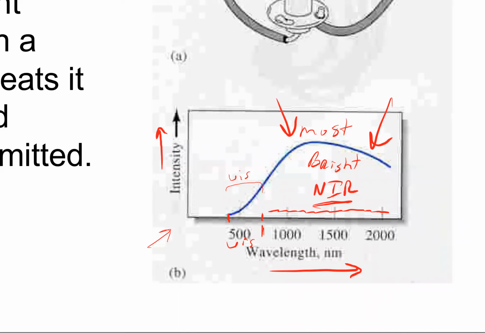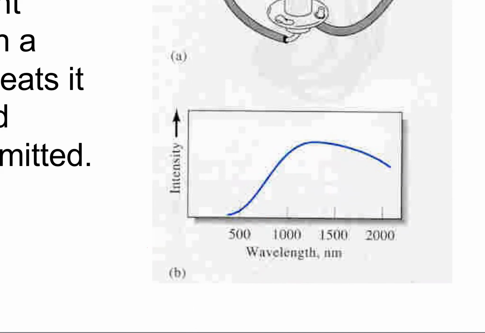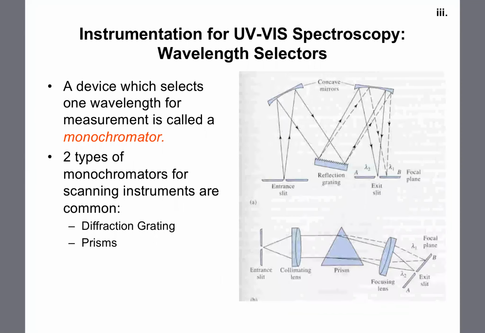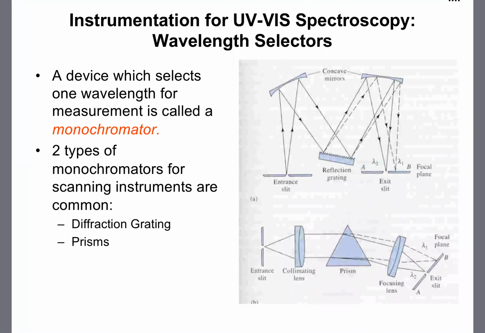If we put our hand up to the bulb and it feels warm, we're feeling that infrared light, but we can't use it for lighting our homes, right? Some of these other light sources are much more electrically efficient. Nonetheless, this little wire inside can get up to about 2,900 degrees Kelvin. It glows, gives off radiant energy, and we can use that for our spectroscopy, and it's commonly done.